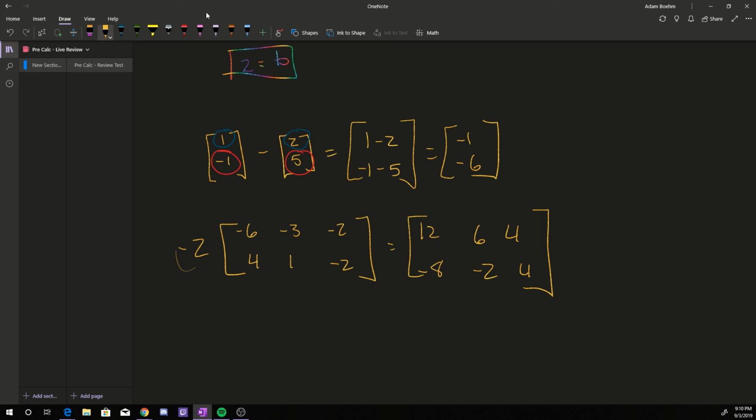Alright, so -2 times -6 is 12, -2 times -3 is 6, -2 times -2 is 4, and so on. Yeah, it's that basic matrix stuff. I won't give you that. That's only for multiplying matrices, which I'm not going to do because people panic about. We'll do that later on.